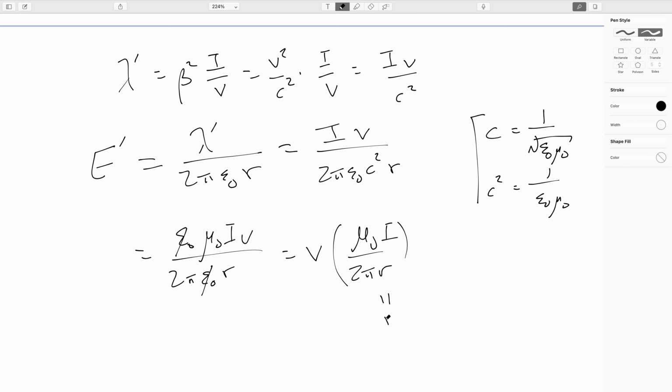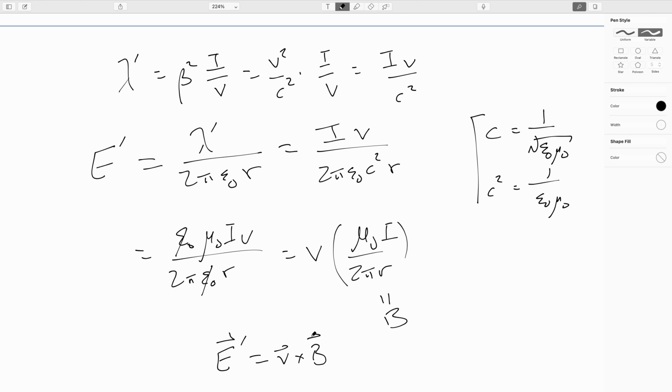Well, holy crap, that's the magnetic field. And if you work the directions out, what you get is that the electric field strength, as a vector, would have to be V cross B. So in the frame of an electron in, say, a parallel wire or something like that, what does it see?